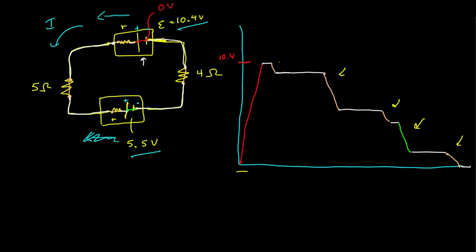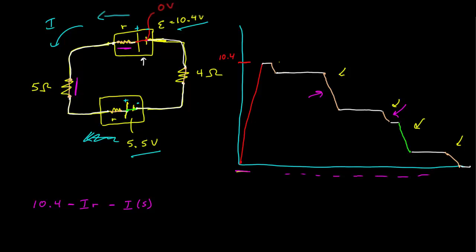What we know is that the sum of all of these potential changes has to be 0 because you end up at the same potential as the beginning. So we have our first EMF, which is 10.4, and then we have the potential change across the internal resistor, which is minus the current through the resistor times the resistance. Then we have the potential change across the 5 ohm resistor, which is minus the current times that resistance, which is 5.